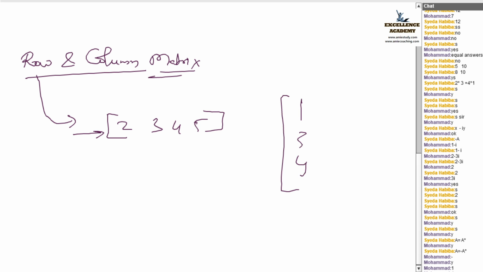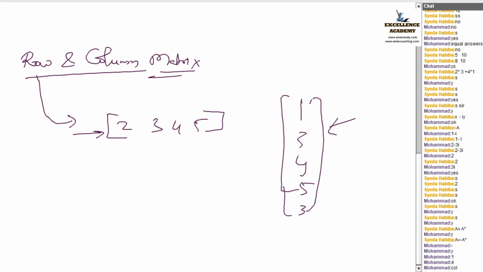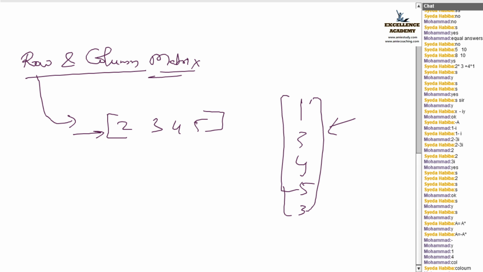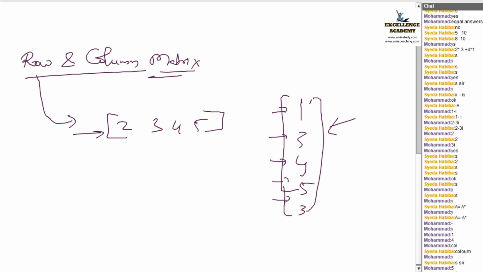If I write 1, 3, 5, 4, 3 like this, what can you call this matrix? Yes, it is a column matrix. The number of columns is 1. And what about the number of rows? 5.